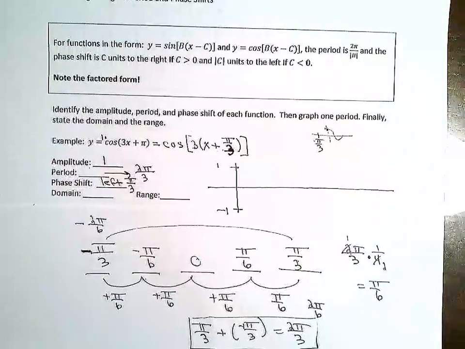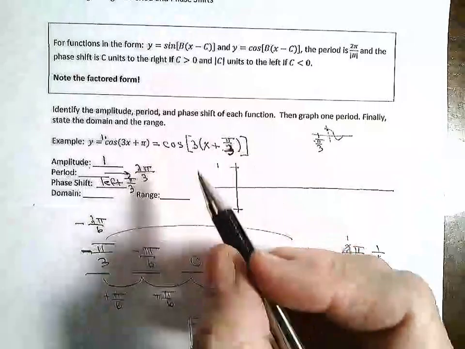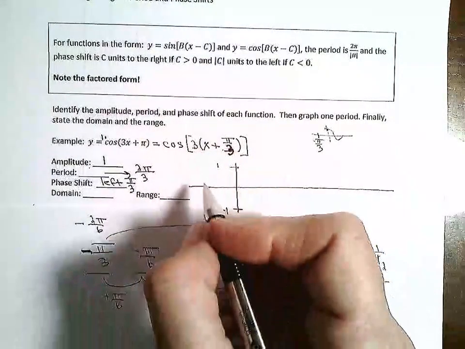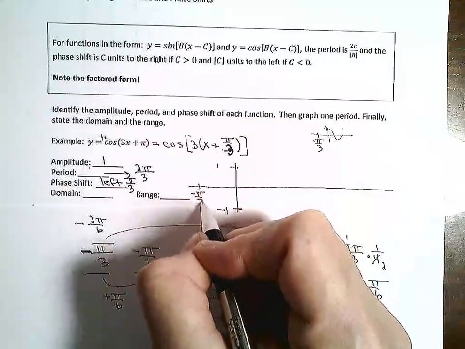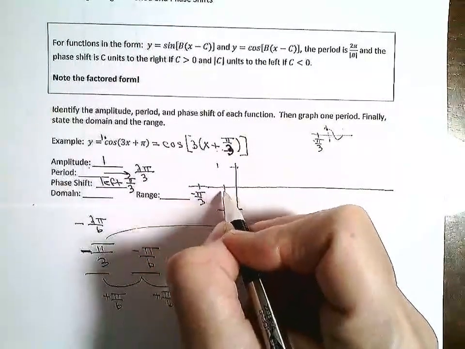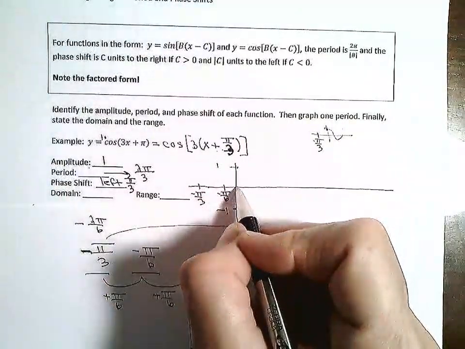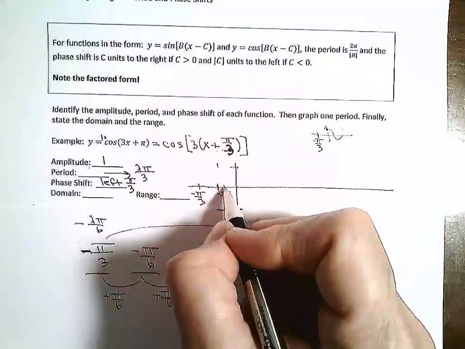All right, so now we can see when we're putting these values down that we have 2 values that have to go over here on this side of the y-axis. So I can just put down the negative pi over 3 and the negative pi over 6. The next one's going to be 0. I haven't done a good job of, let's divide this up a little bit better.